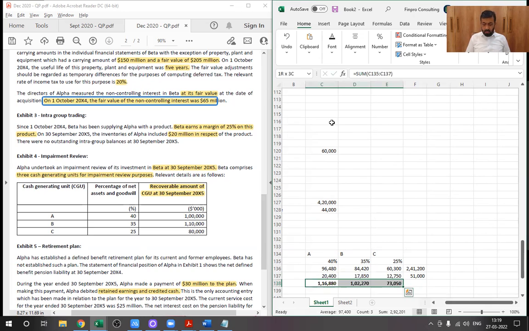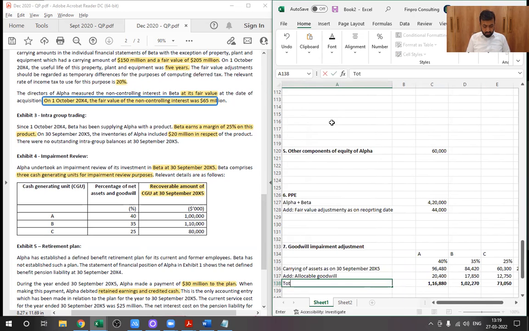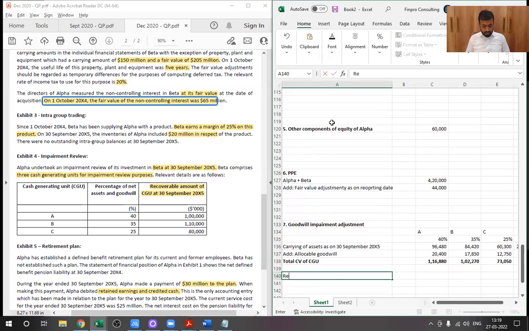This is the carrying amount of the CGU. You also have been given the recoverable value, which is provided here. Take this 100,000, then 110,000, and it is 80,000.